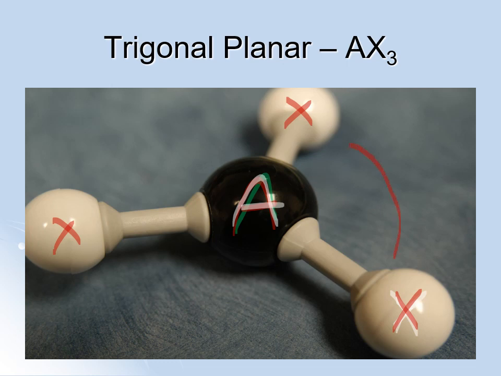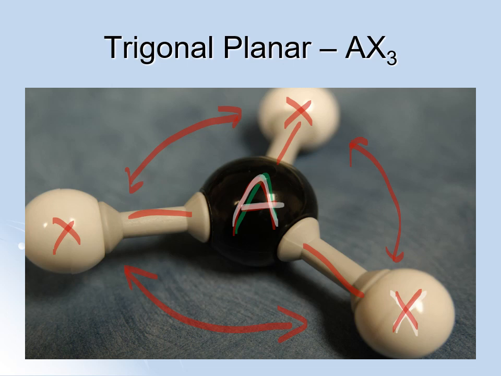Now these guys are going to want to try to spread out as far away from each other as possible, so that's the repulsion part. They're all going to want to be equally distant from each other, and so you can imagine we have a circle here and we have 3 spokes to it, so they are going to want to be as far apart as possible. So that should help you remember the bond angle for these ones.